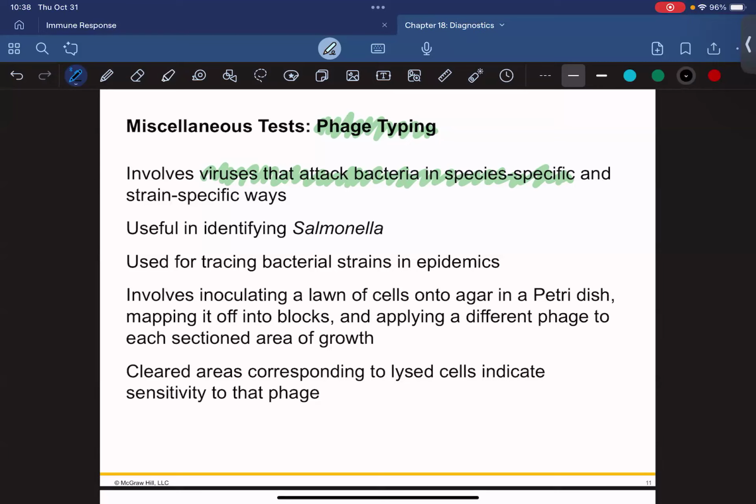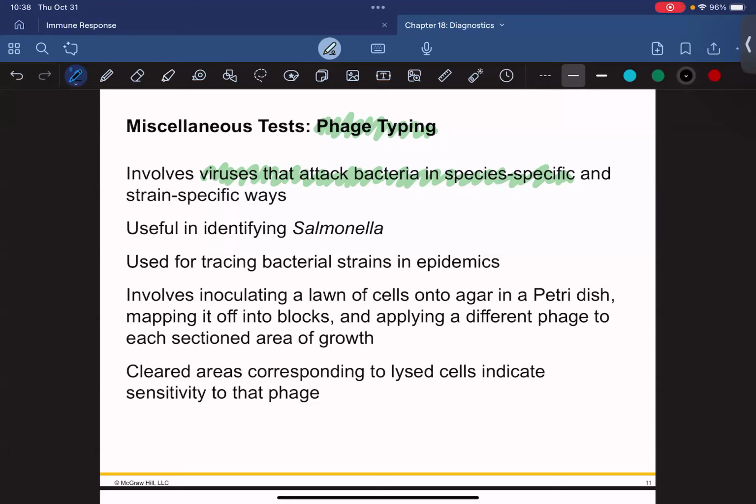A phage, remember, is a virus that can infect certain kinds of bacteria, and they usually only infect one species or even a subspecies. That depends on the surface proteins that let them get into those bacteria, so they only recognize those. So you put your patient sample out on a plate and divide it into little parts.